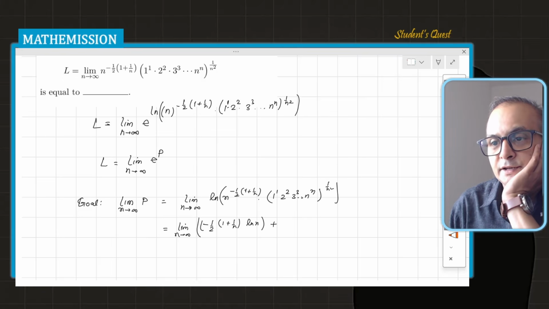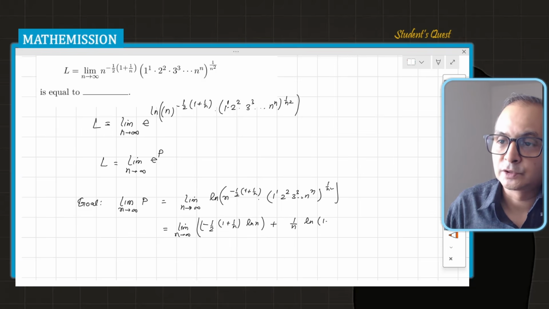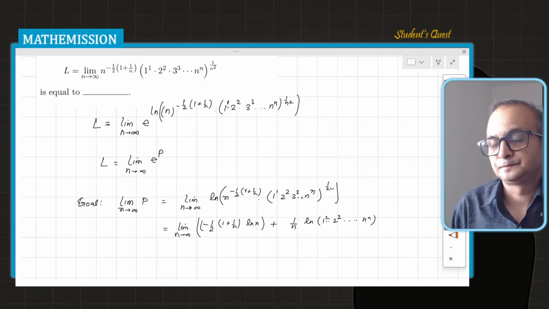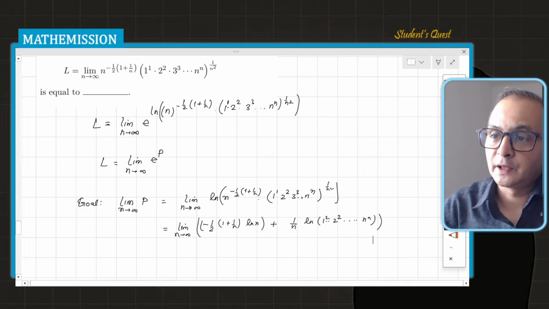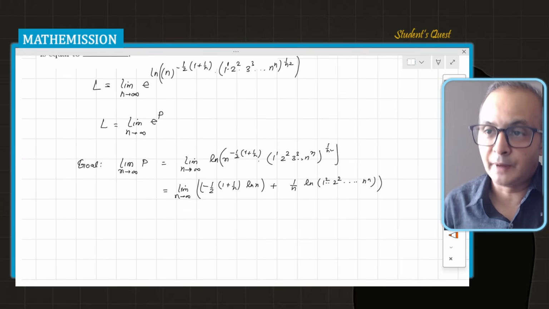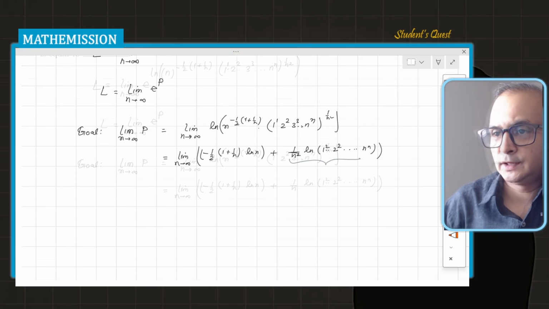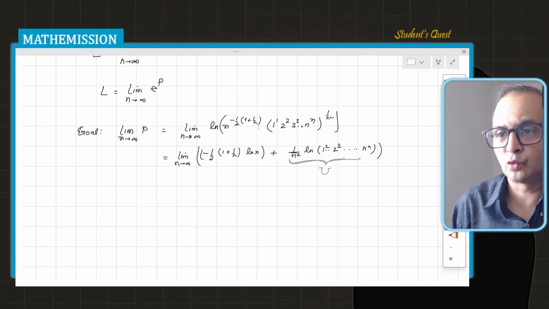And the second term I get is what? 1 by n square log of 1 square into 2 square dot dot dot till n to the power n. So these are the two terms we are getting. Now the problem is, how do we manipulate the whole thing? So now I'm calling this quantity u, and we are going to evaluate what this is.